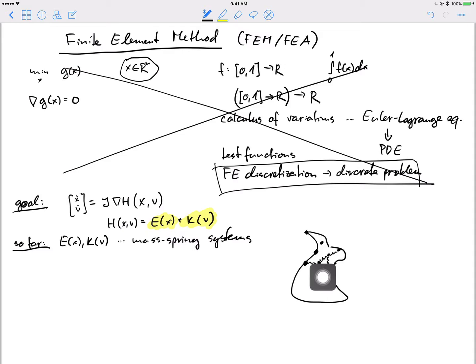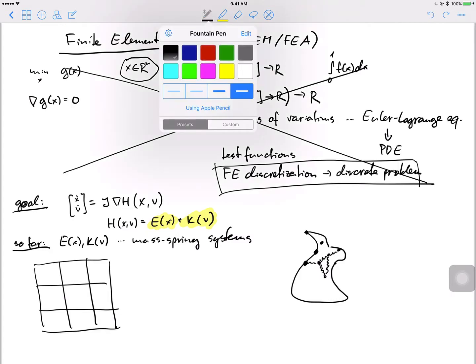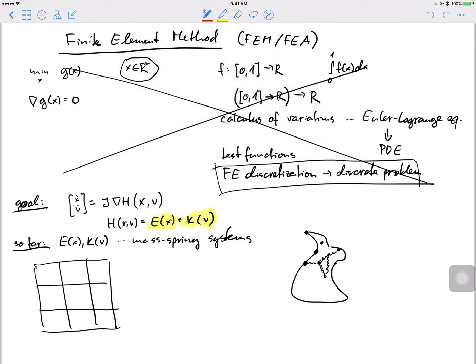The other problem is that the results you will get depend on the directions of the springs, right? Even when we talked about cloth, right? If you are doing a cloth simulation, and let's just do a very coarse grid, then we said that it matters, maybe let me draw a different color. It matters how exactly you design those springs, right?